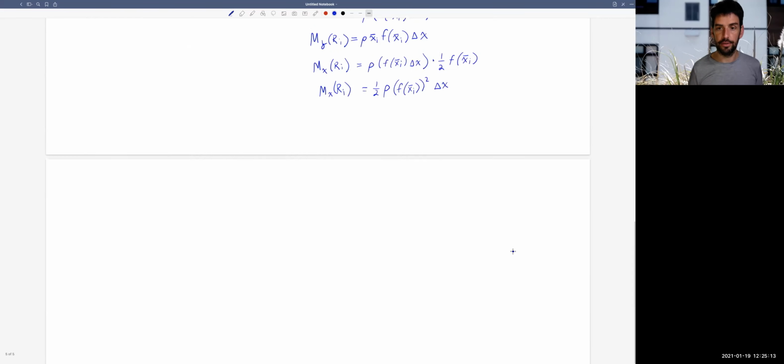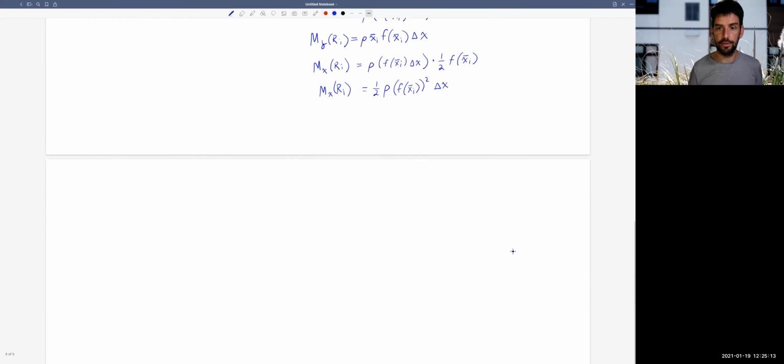So I've drawn one rectangle here, but if you imagine all the rectangles next to it, we would figure out their individual moments exactly the same. And what we would get is that the moment with respect to the y-axis, this is now for the entire lamina, is going to be approximately the sum, i goes from 1 to n, and I'm just going to add up the moment for each rectangle.